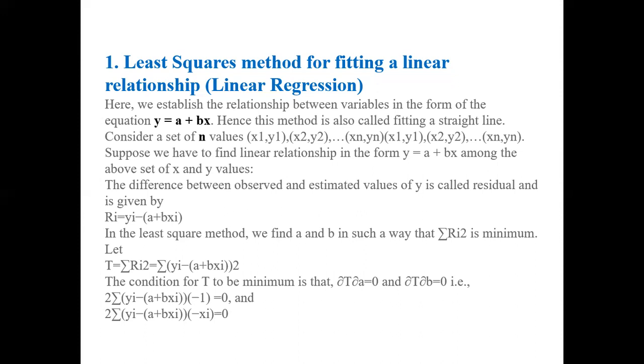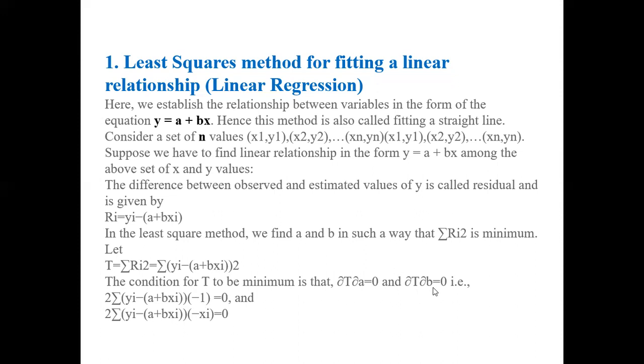That gives 2 into summation of (yi - (a + bxi)) into -1, because the derivative of the square is 2 into the given value, and the derivative of minus a is -1 and the other constant derivative is 0, so this is equal to 0.